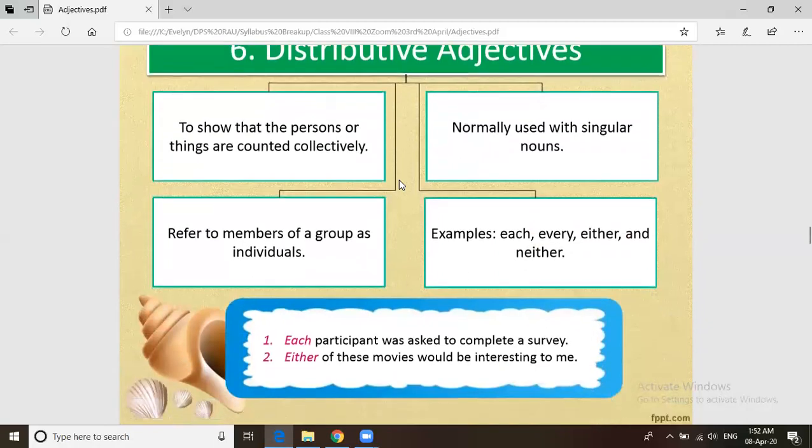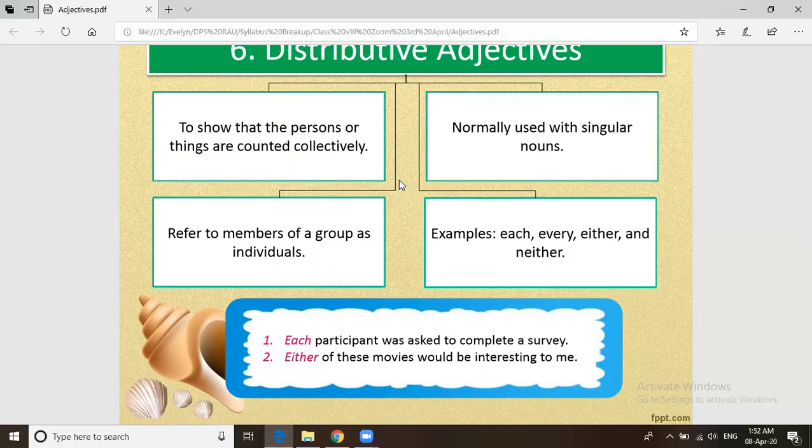Now distributive adjectives. Distributive adjectives talk about things that we take as a group, but then we refer to them as different entities of a group. They are used with singular nouns, like: all the people in the hall agreed.